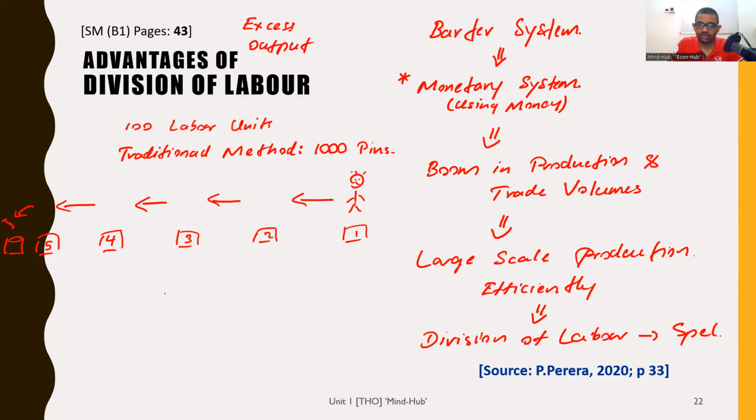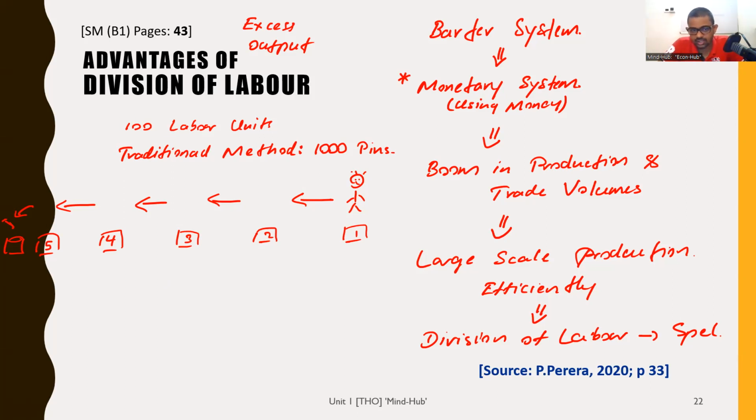Then Smith observed all this and he proposed a small change in the method of production. Smith said, okay, all this is good, but let's try a small change and see if it makes a difference in the efficiency, in the output.